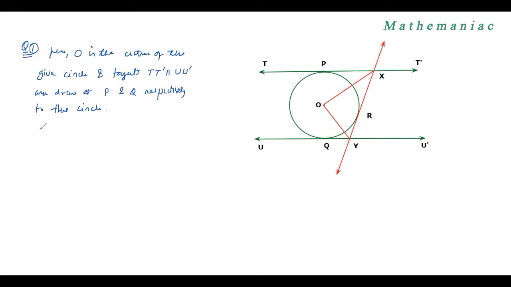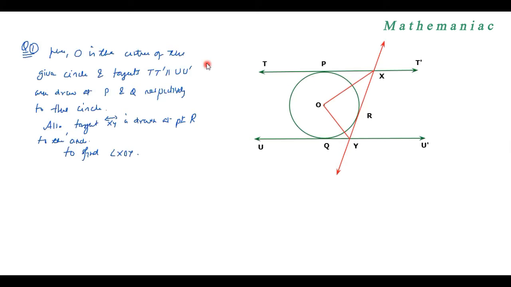Fine. Also, tangent XY is drawn at point R to the circle. Now to find, I am writing, to find angle XOY. To find angle XOY, we have to determine what is the measurement of the angle XOY. This angle measurement we have to find.